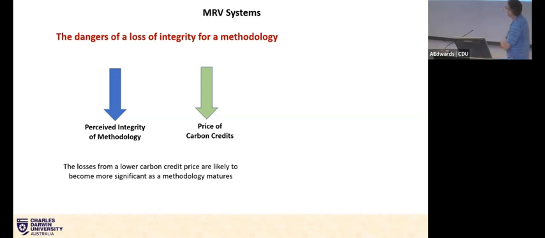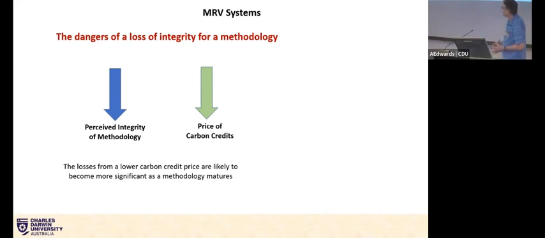One is if your perceived integrity of the methodology goes down, it can impact on the price of your credits. That impacts on all of your projects. If you've got an integrity that is under question, it can also impact on the amount of participants that are entering into your method. So there's a lot of negatives if you don't place integrity as a very important thing to maintain.